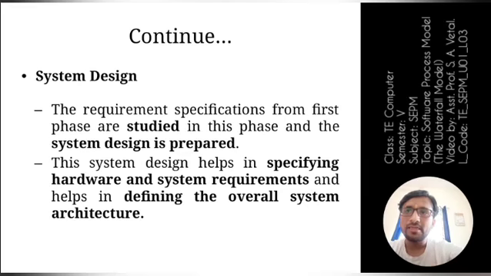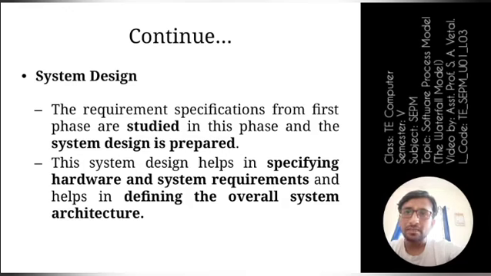Then the second phase is system design. What we are going to do in the system design: the requirement specification document from the first phase, we study all those requirements.